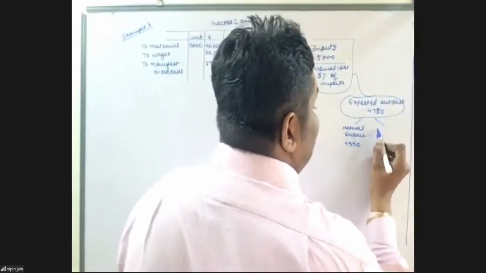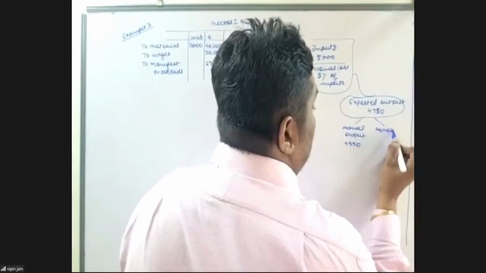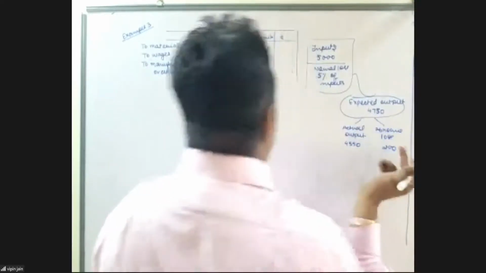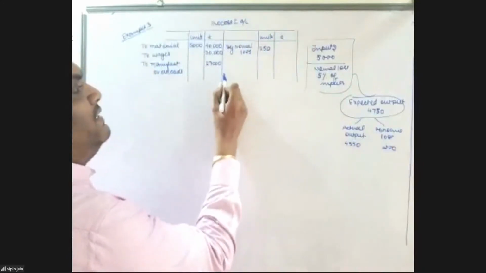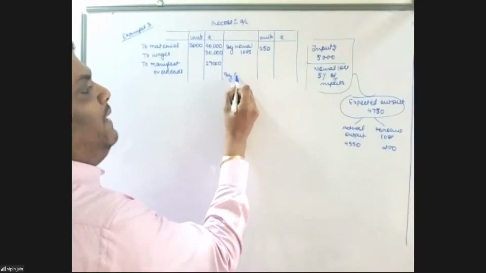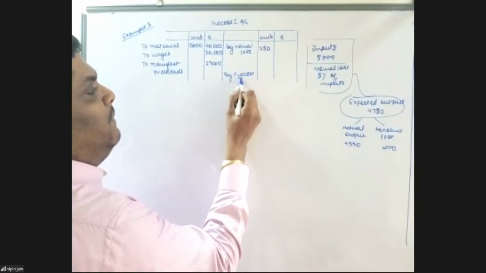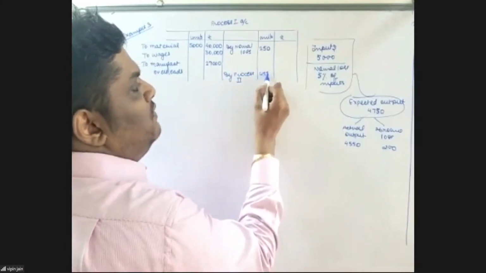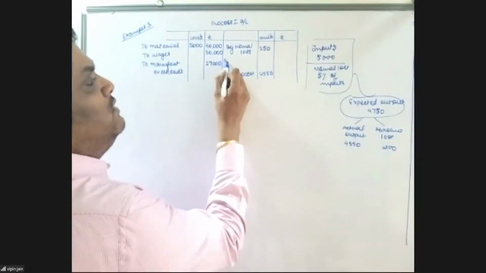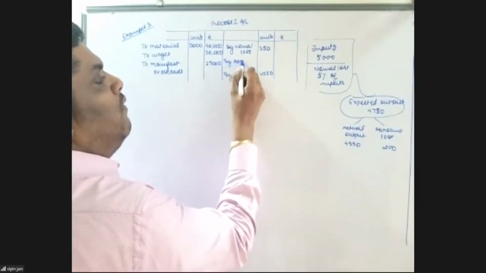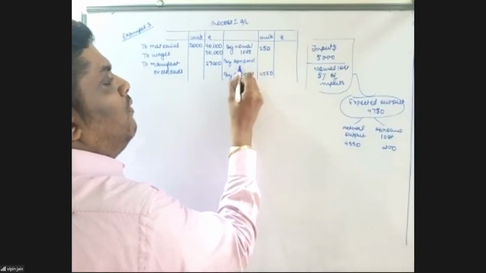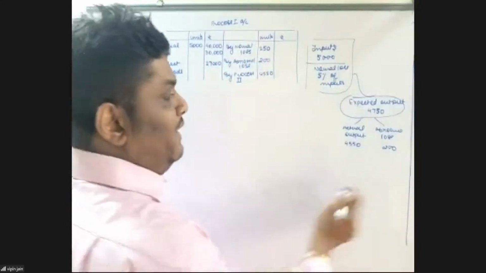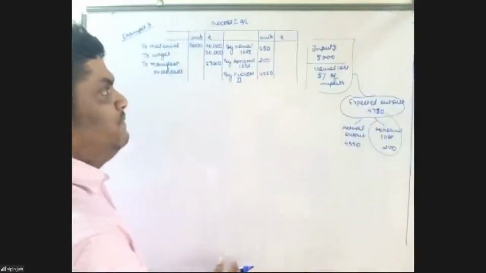So we can say there is an abnormal loss of 200 units. So further, it is given in the question also that the by process second 4550. So we can call it as balancing figure also.